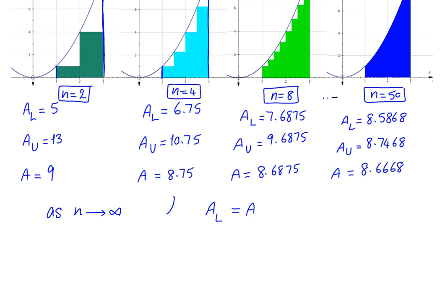So we write the limit of the area as n tends to infinity is equal to the actual area, and the limit of the area of upper rectangles as n tends to infinity also tends to the actual area under the curve.